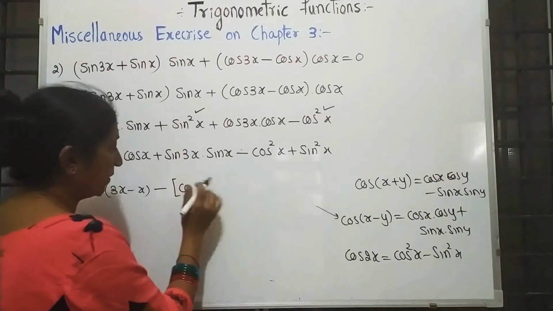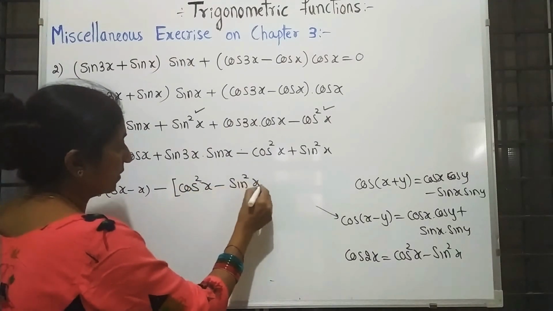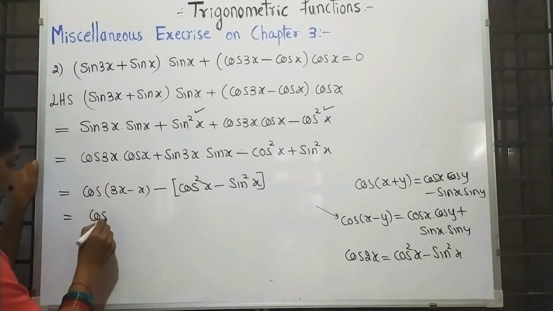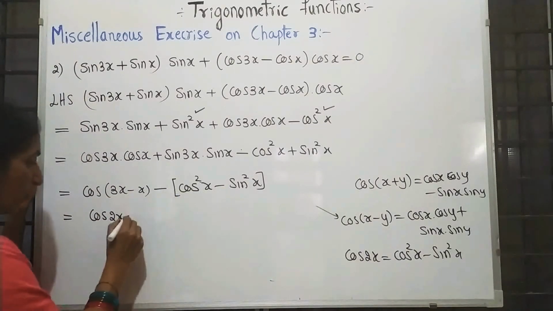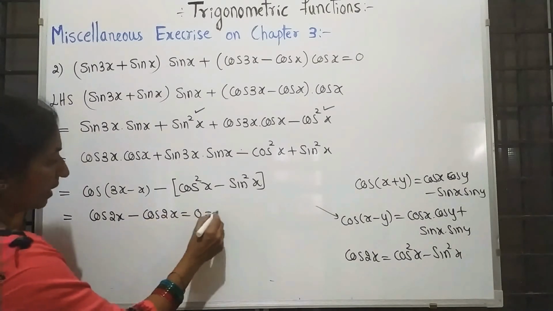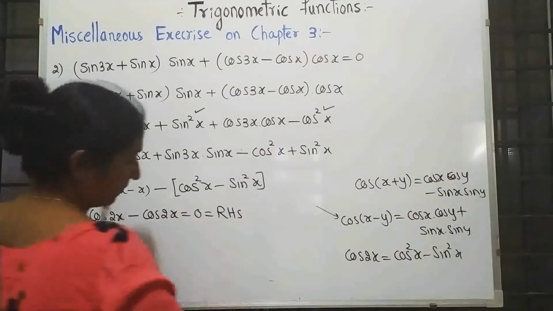Take minus common. This is cos square x minus sin square x. Next, 3x minus x is 2x, cos 2x, and this is the formula of cos 2x. See, they get cancelled? Yes, and the answer is 0. That is nothing but RHS.